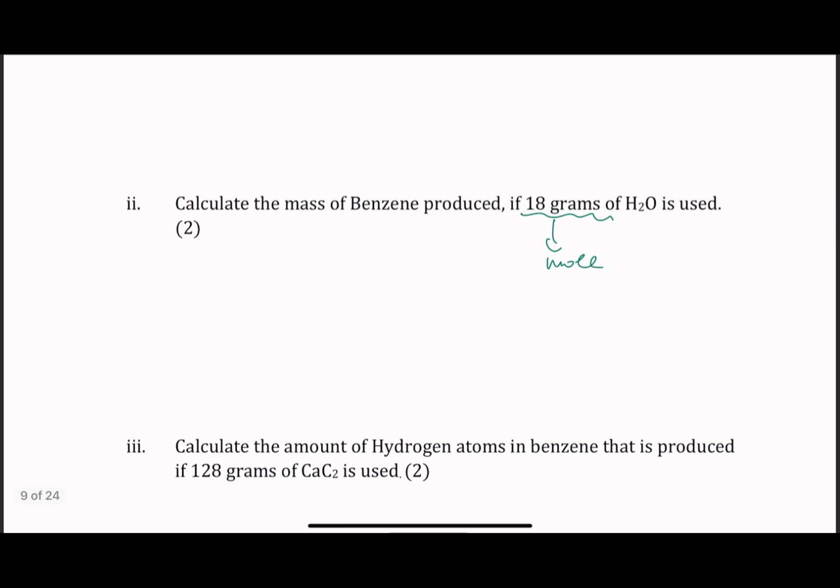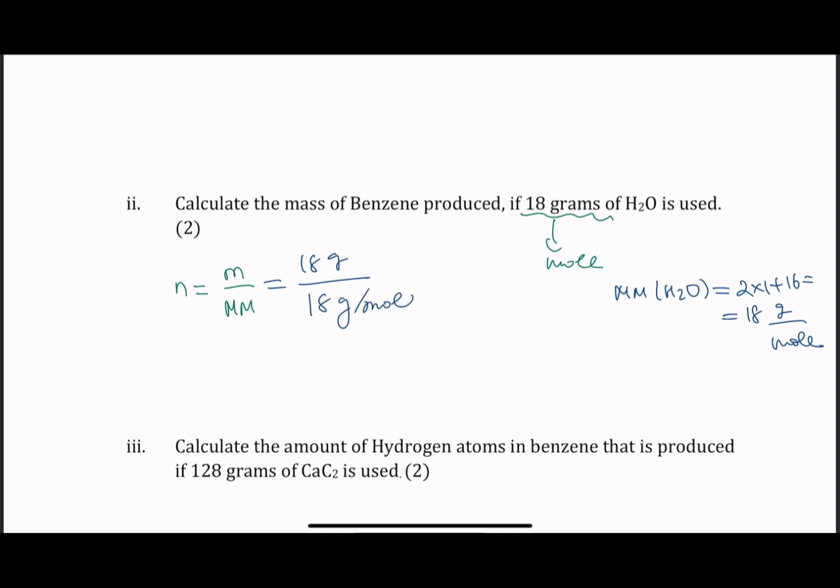We know the formula n equals m over MM. And the molar mass of water would be 2 times 1 plus 16, which is 18 gram per mole. So this would be 18 gram divided by 18 gram per mole, and this would be 1 mole.